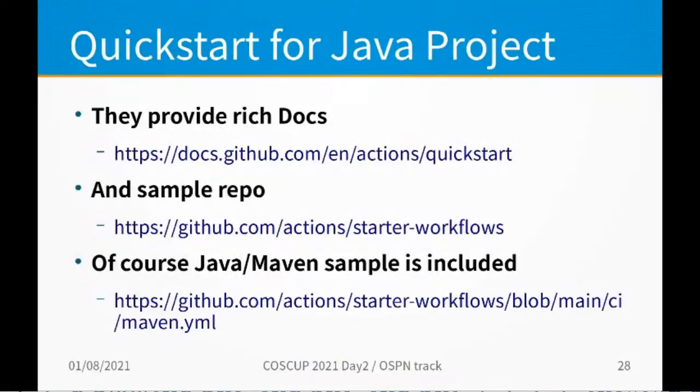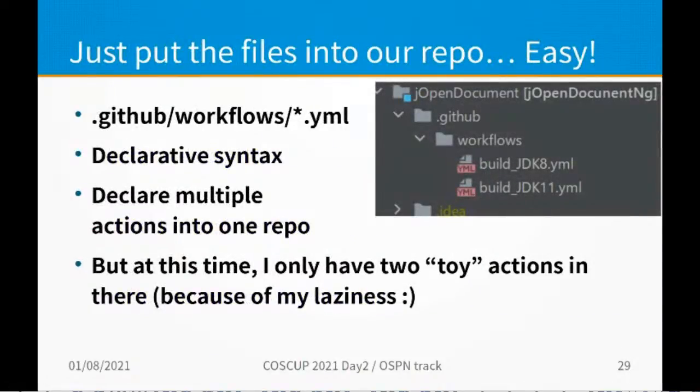This is my first tryout, so I cannot talk about the technical details, but they provide rich docs and sample repos, and of course a Java Maven sample is included. So this is very easy. I just put some files into our repo. It is a YAML file with a declarative syntax, not writing code in, for example, Java or JavaScript.